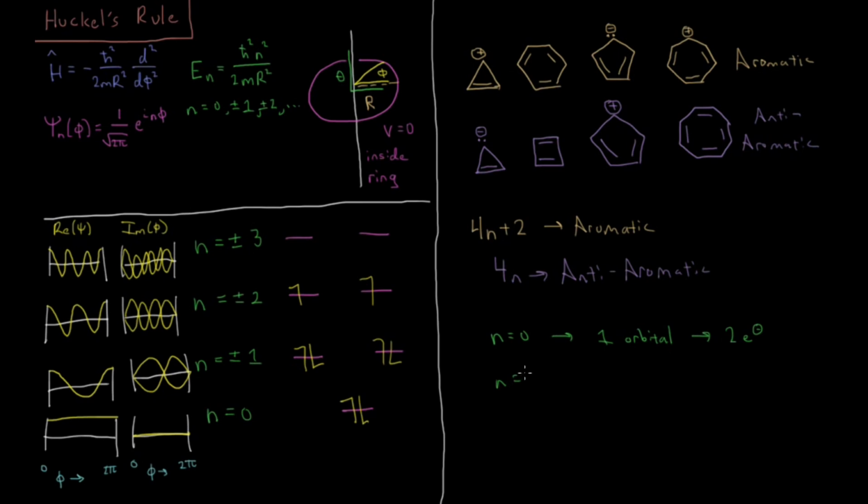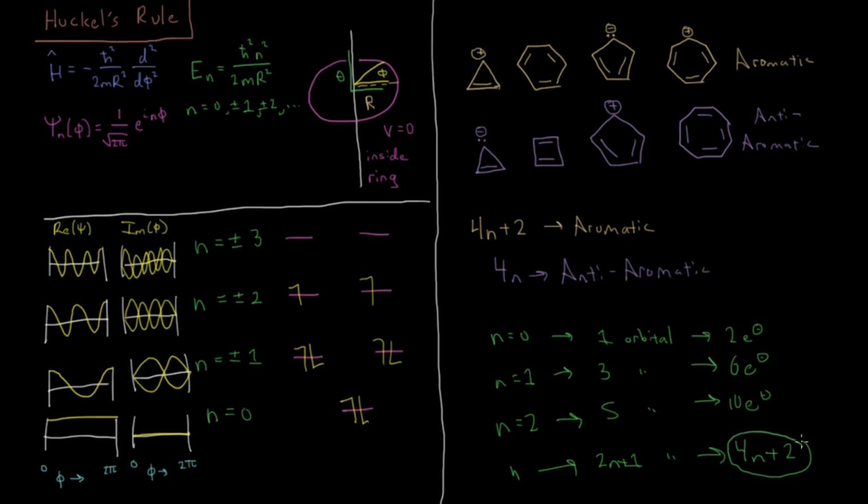If we go up to n equals 1, we have 1, 2, 3 orbitals, so you can fit 6 electrons. N equals 2, there's 5 orbitals, you could fit 10 electrons, etc. So the total that we can fit for a given n is 2n plus 1 orbitals, so we can fit 4n plus 2 electrons.